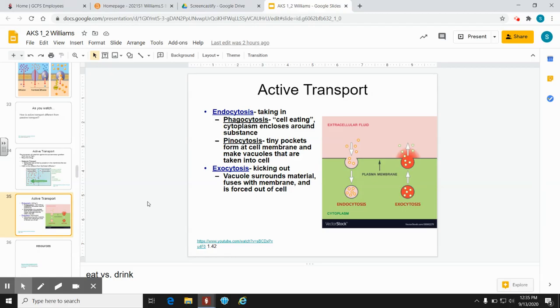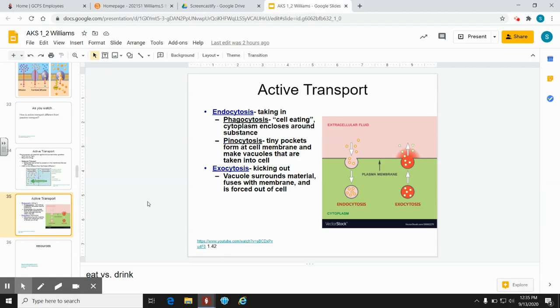So endocytosis literally means entering the cell. There are two kinds of endocytosis. The first, phagocytosis, means cell eating, and these are for big, solid type things. Pinocytosis, pino means small, and this is typically small gases and liquids.